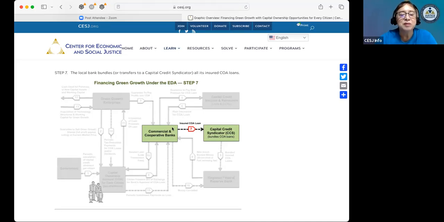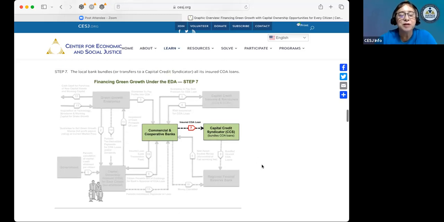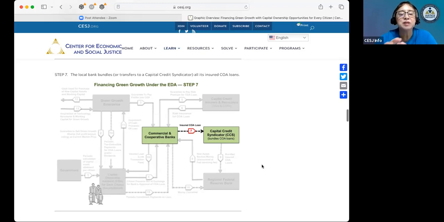So one of the practical steps is you may have a syndicator that helps to bundle all the loans that this entity is making in order to go to the discount window of the regional Federal Reserve Bank. So the Federal Reserve, we're really talking about 12 regional Federal Reserve banks in specific areas of the country.